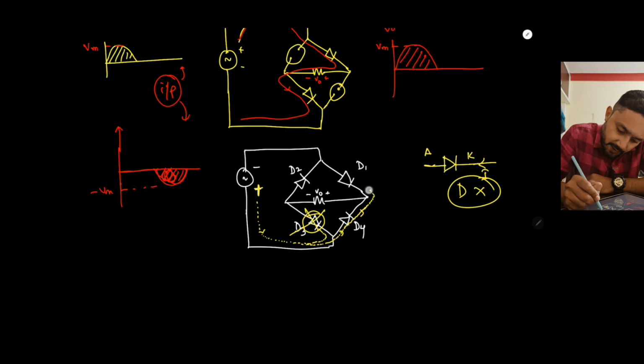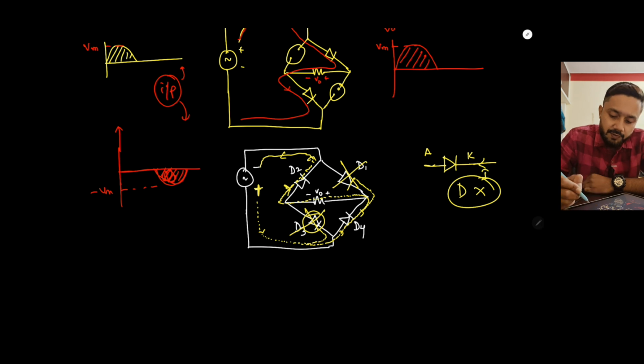So now if the current tries to enter the cathode terminal of D1, the diode won't allow it. So D1 will not conduct, and if this current tries to flow this direction, with respect to D2, the current tries to enter through the anode terminal, so it will allow. Okay, so this is the direction of the current.